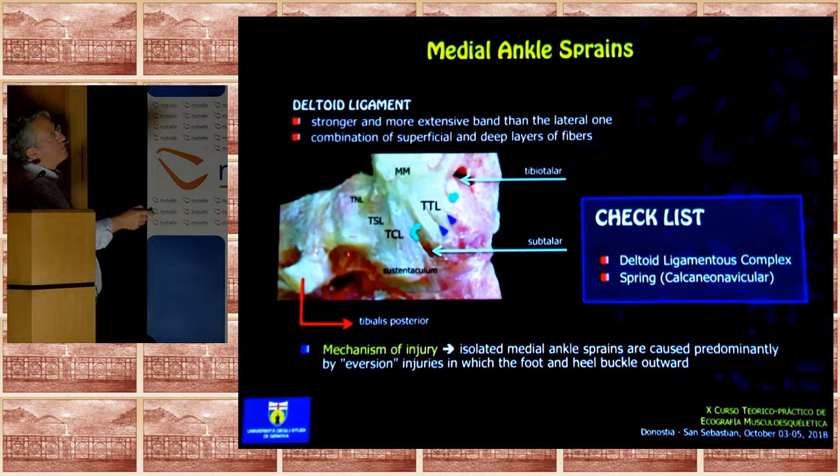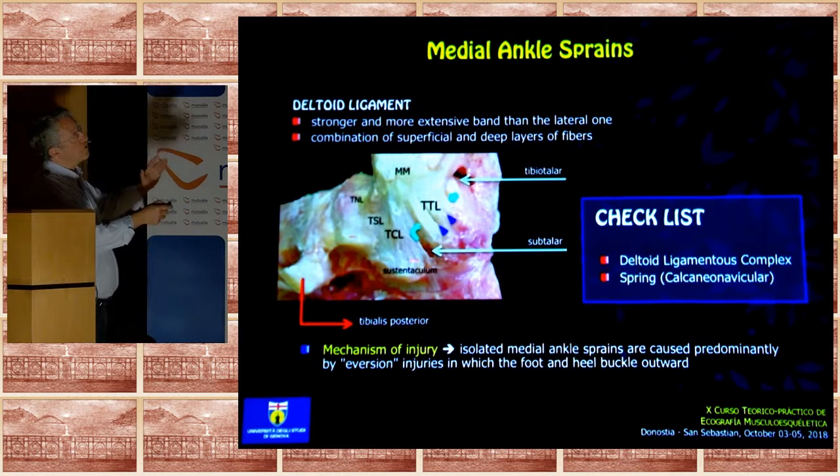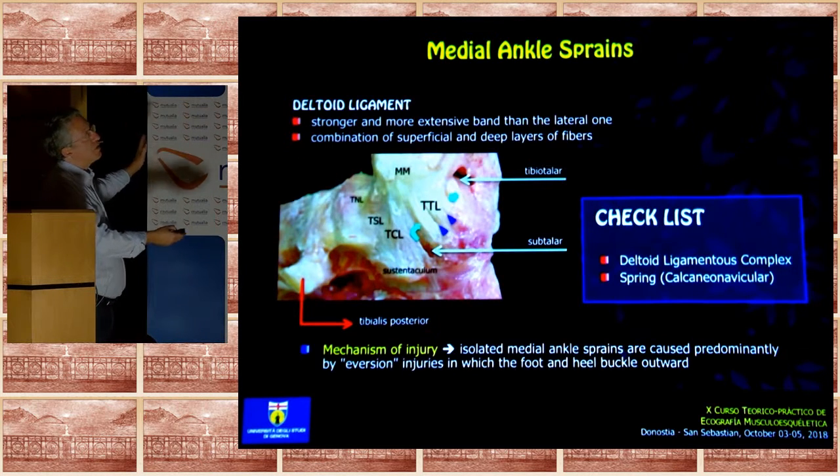the deltoid, that is made of a deep component, multifascicular, as you can see here, and this is the tibio-talar ligament. Superficial to it we have the tibiocalcaneal, connecting the medial malleolus with the sustentaculum, and then the tibiocalcaneal continues more anteriorly into the tibiospring and more anteriorly into the tibionavicular, forming just a continuum, one structure diverging anteriorly.